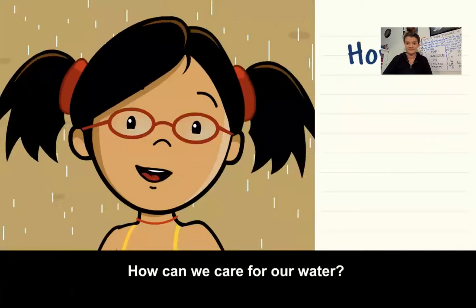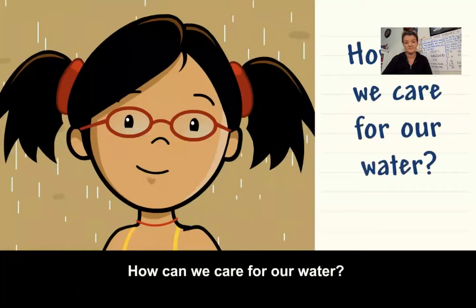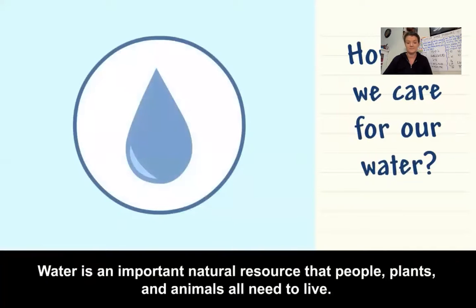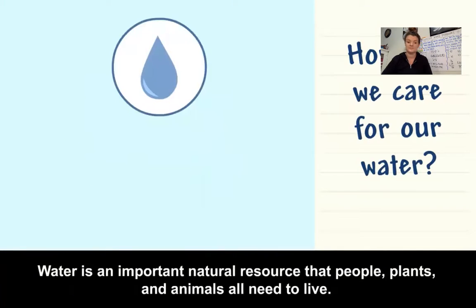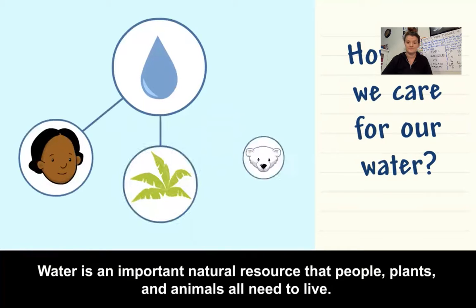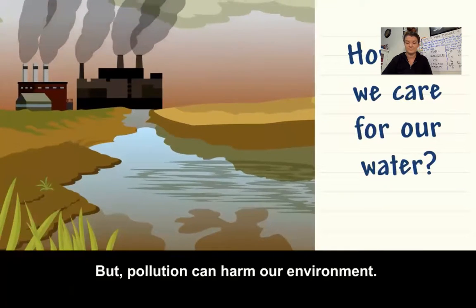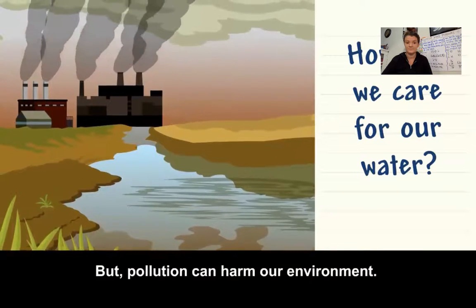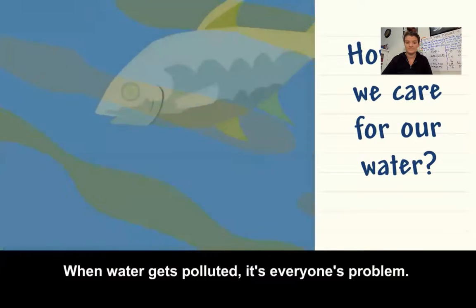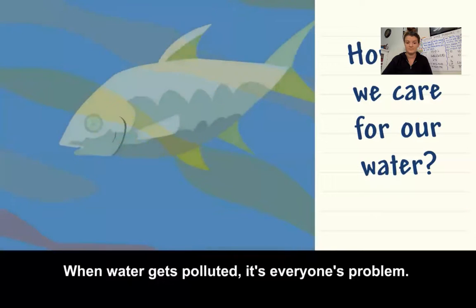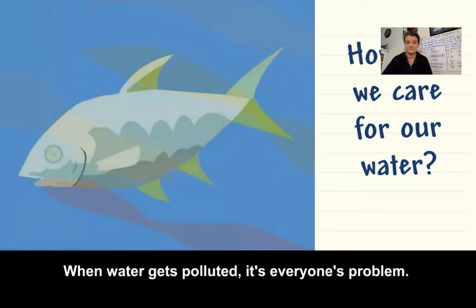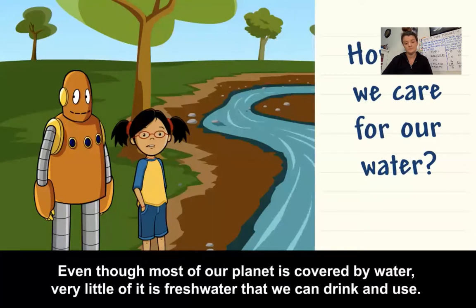How can we care for our water? Water is an important natural resource that people, plants, and animals all need to live. But pollution can harm our environment. When water gets polluted, it's everyone's problem. Even though most of our planet is covered by water, very little of it is fresh water that we can drink and use.